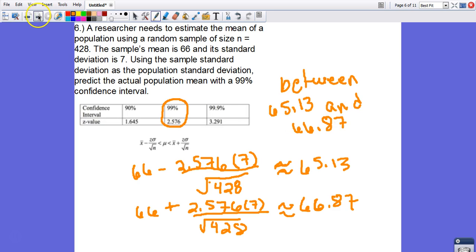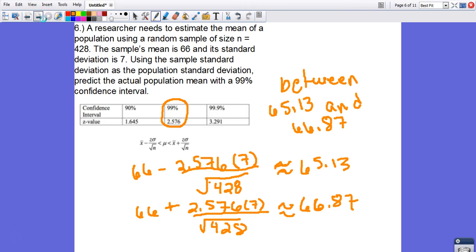Nice, right? If you want to practice more, I would suggest doing the same thing, but trying to find it maybe with a 90% confidence interval. And so those numbers are going to be smaller, and a 99.9% confidence interval, and those numbers are going to be larger. Okay? Let's see.